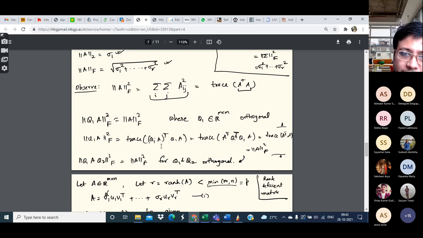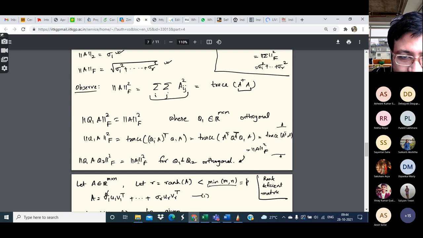Similarly, if Q2 is another orthogonal matrix, with Q1 and Q2 both orthogonal, then the squared Frobenius norm of Q1AQ2 is nothing but the Frobenius norm of A itself. You can work this out; I will leave it to you as an exercise to prove.